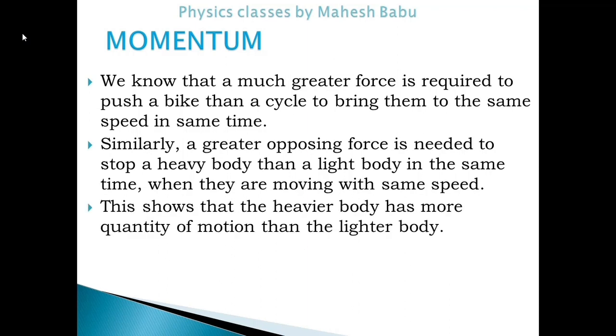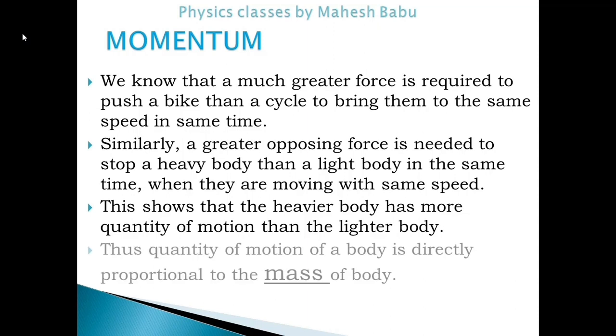So this shows the heavier body has more quantity of motion than the lighter body. This quantity of motion of a body is directly proportional to mass. More mass, more quantity of motion. Less mass, less quantity of motion, when the speed is the same in all the cases.